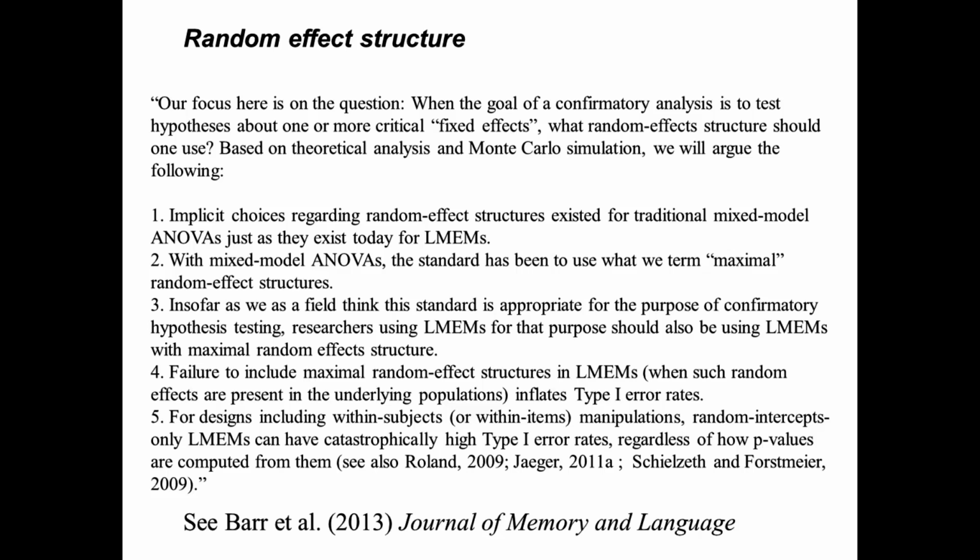because this paper uses a bunch of simulations to show that failure to include the maximal random effect structure inflates type 1 errors. And also for designs including within-subject or within-item manipulations, which includes longitudinal data, if you just use the intercepts and you don't put the slopes in there, it can have catastrophically high type 1 error rates, regardless of how the p-values are calculated.